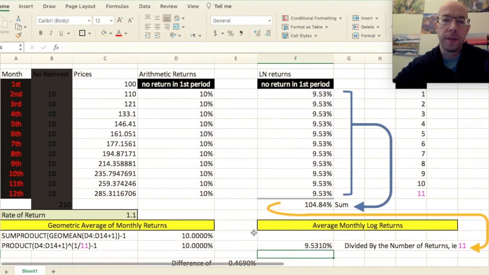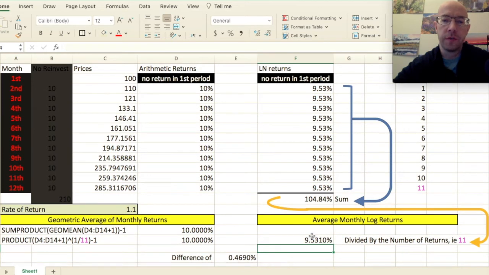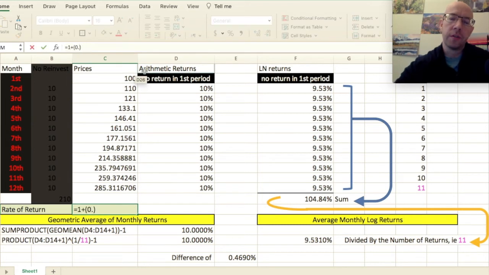There was one interesting thing that you will notice, this difference that we had. Here we had an average return of 10% in every period. And here we had the same average, but a 9.53% return. We had a difference of about 0.46%. As we increase the rate of return, say we got a 25% rate of return, watch this number.